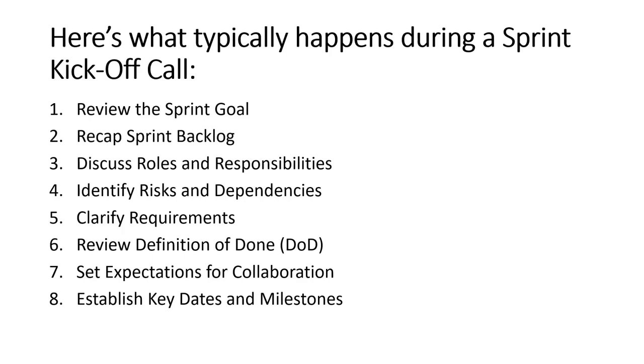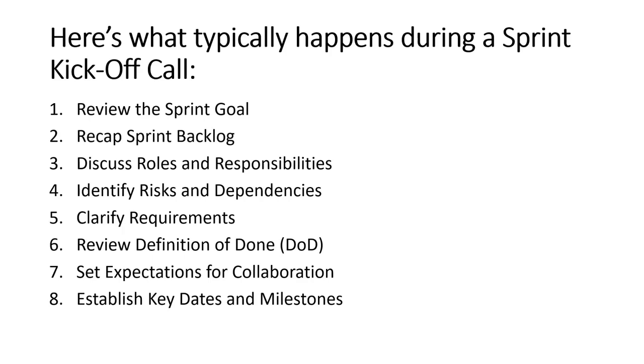And we establish key dates and milestones. So basically, we address all the key dates. What is the development time for this particular sprint, and how many days? When will the code be available for QA, and when will the changes be available to UAT in the UAT environment, and what is the time frame for each activity?